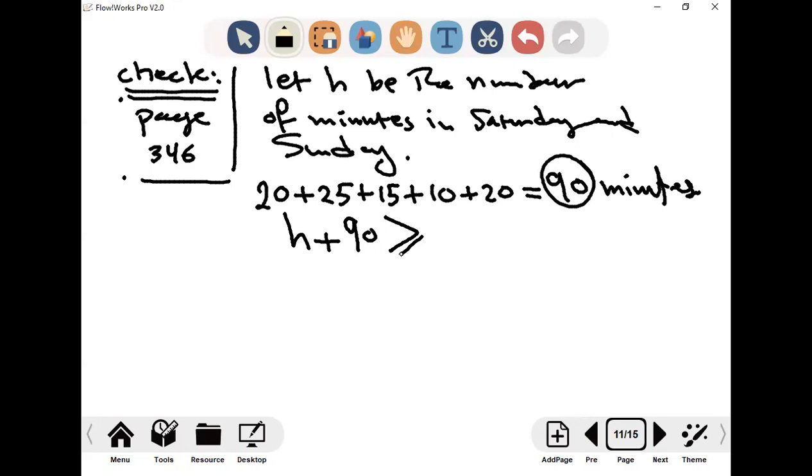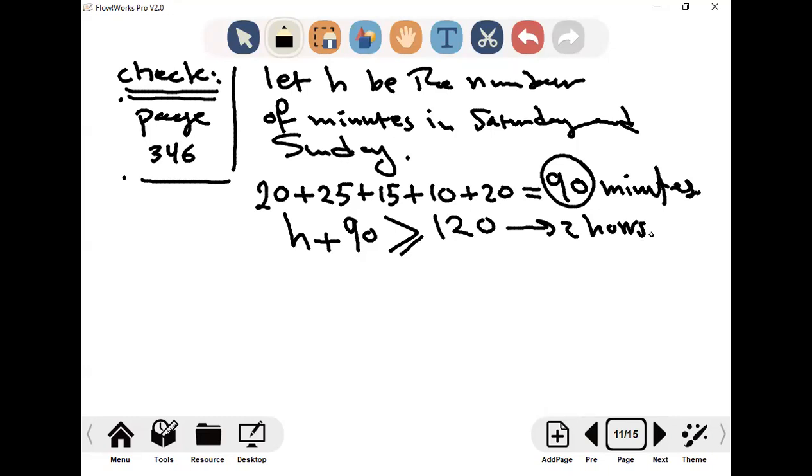More than or equal to 120, which is 2 hours. But I turn the hours to what? Minutes. The units should be the same. How can I use minutes on one side and hours on the other? Okay? 2 hours means 120 minutes.